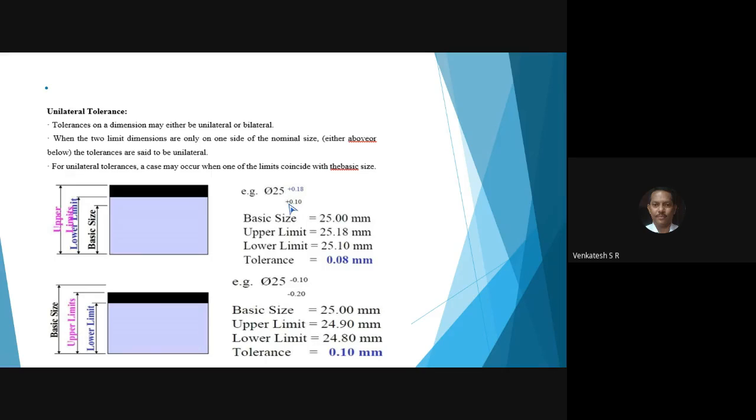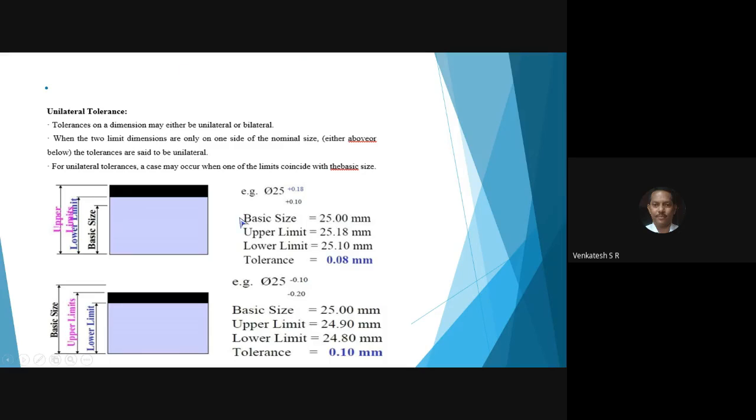If you specify like this, then it is called unilateral. Whether it is negative, minus 0.10, minus 0.20, if both are on only one side of the nominal dimension, or nominal diameter, or basic size, it is called unilateral tolerance.